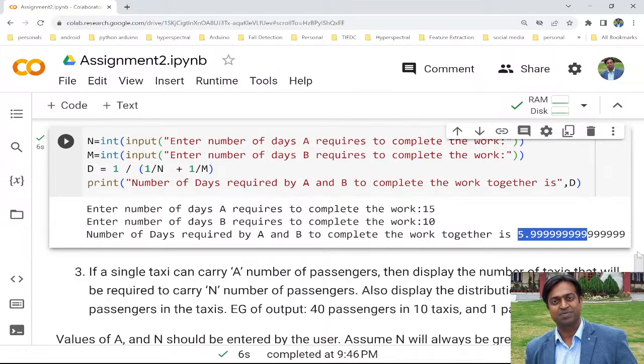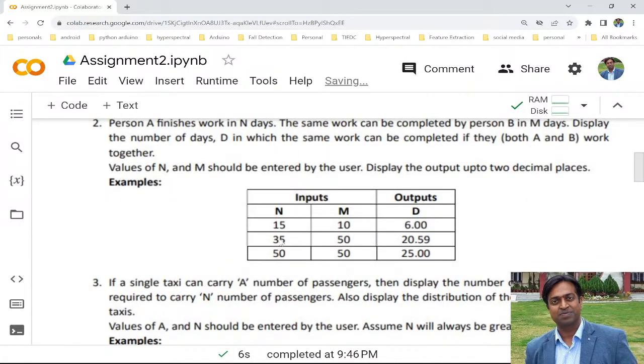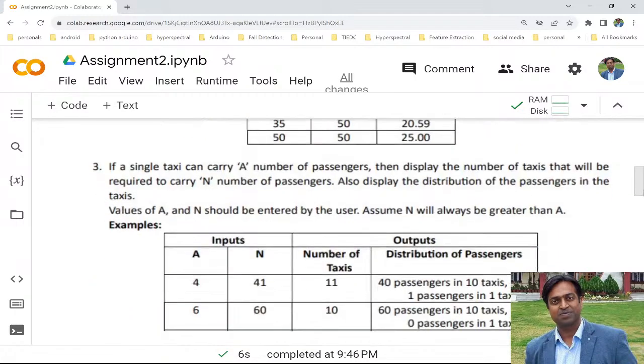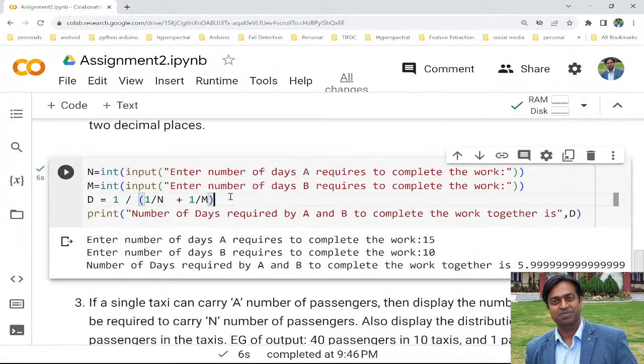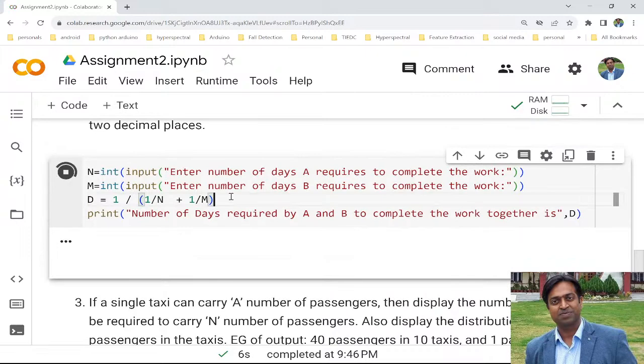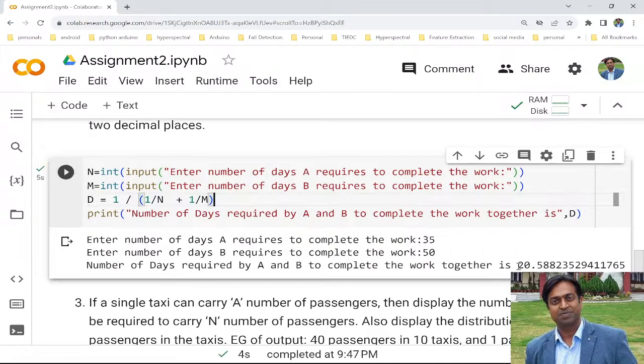So we are getting the answer. For the next one, n is 35, m is 50, answer expected is 20.59. So 35 50. If I execute this again, we get 20.588, right?